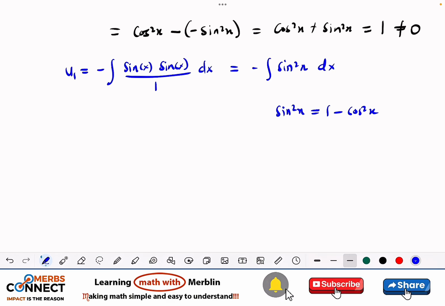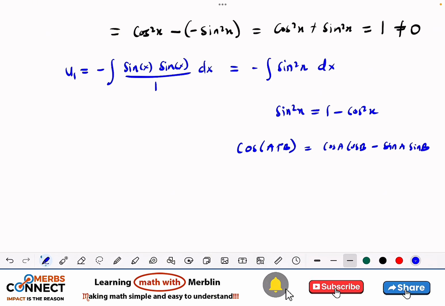We know one identity that says that cos of A plus B is the same as cos A cos B minus sine A sine B. So what I can do here is say that cos of x plus x is the same as cos x cos x minus sine x sine x.